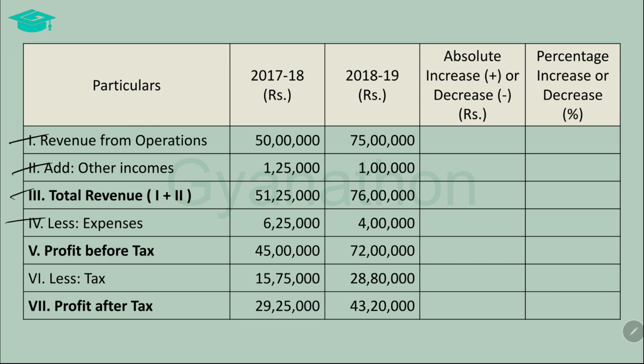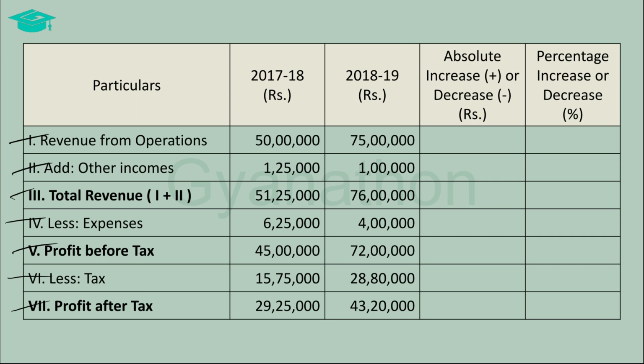The expenses for the 2 years are rupees 6 lakhs 25,000 and rupees 4 lakhs. With this, we arrive at a profit before tax of rupees 45 lakhs and rupees 72 lakhs. The tax thereon is deducted at rupees 15 lakh 75,000 and rupees 28 lakhs 80,000, thereby giving a final profit after tax of rupees 29 lakhs 25,000 and rupees 43 lakhs 20,000 for the years 2017-18 and 2018-19 respectively.